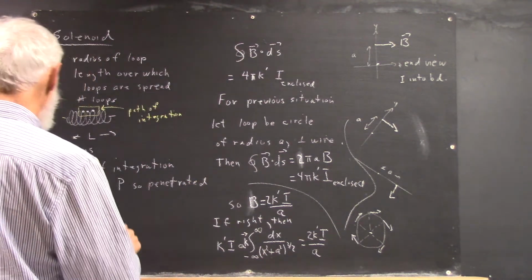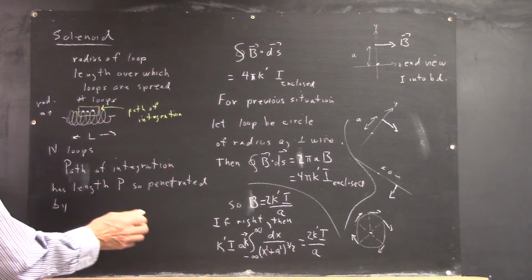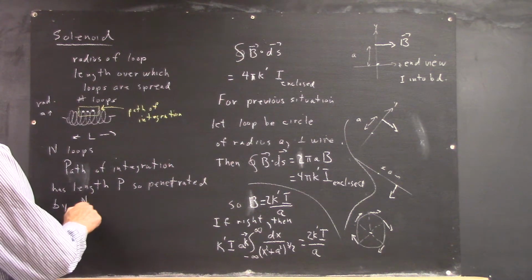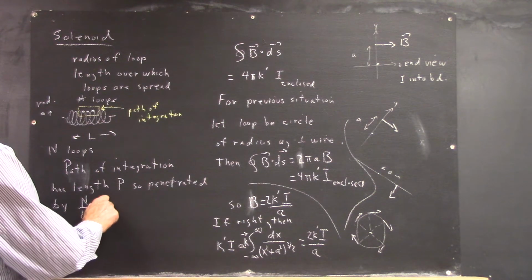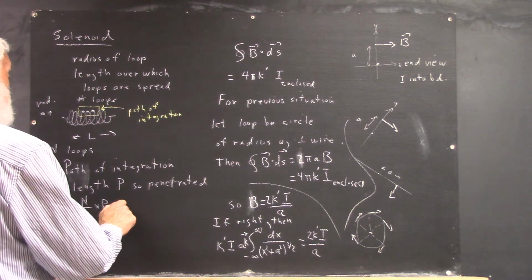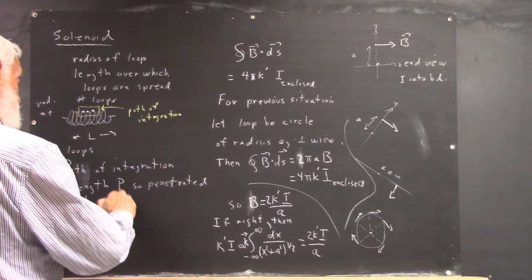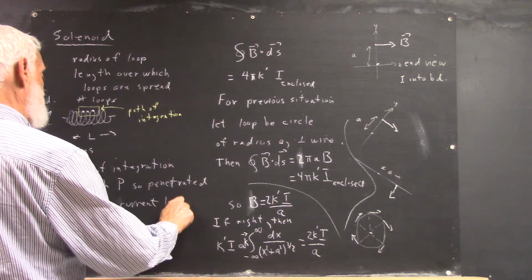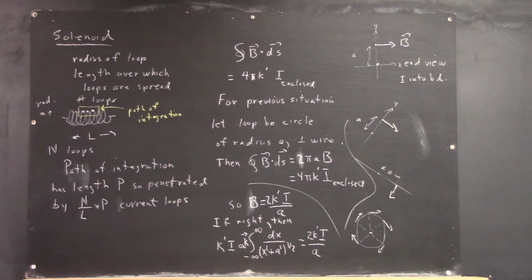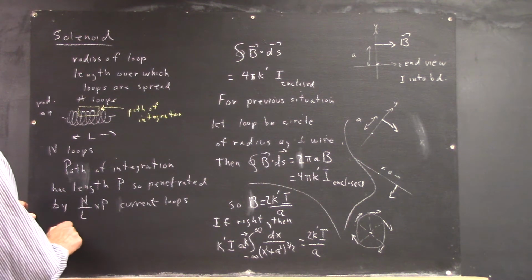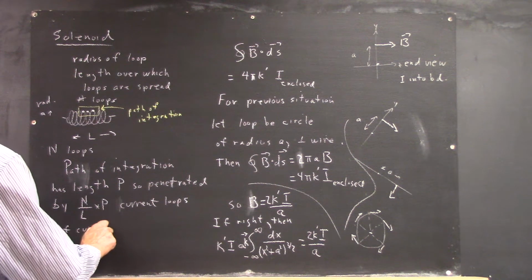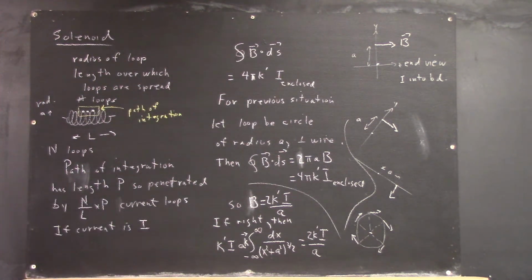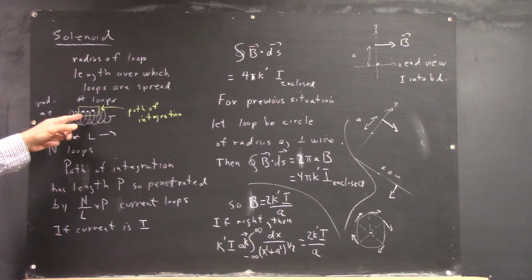I get penetrated by the number of loops per unit length, which is N over L, times P current loops. If the current is I, then how much current penetrates these loops?